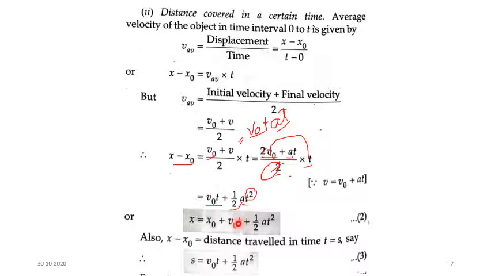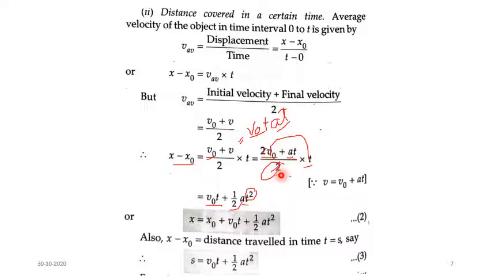If in the question they have given you the acceleration, your initial velocity, your initial position and time, then you can find out the final position, or you can do it vice versa. That means you can find any value out of this one, given that other quantities have been mentioned in the question.